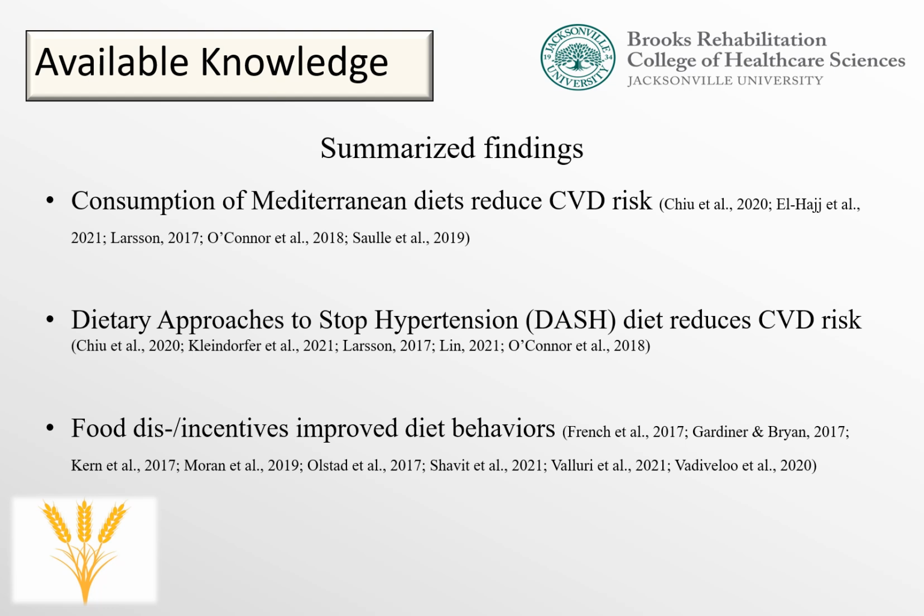The summarized findings stated that consumption of Mediterranean diets reduced cardiovascular risk. Dietary approaches to stop hypertension, as the DASH diet, also reduced cardiovascular risk. And other findings were that combining food disincentives and incentives improved diet behaviors.